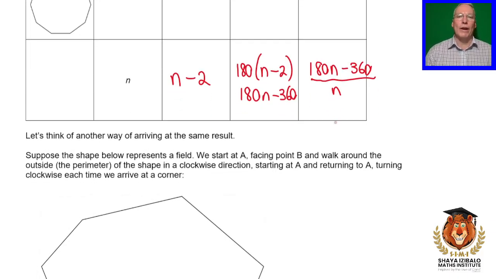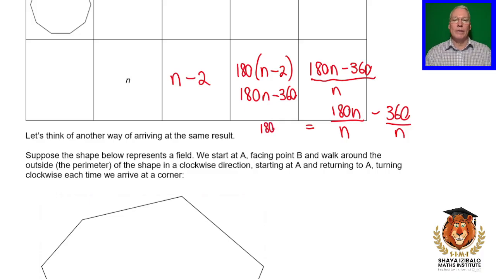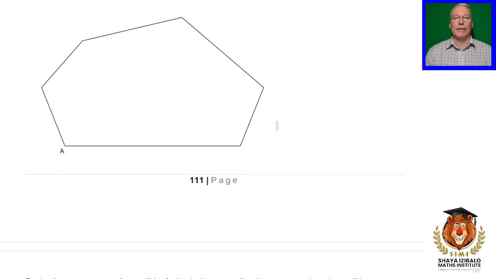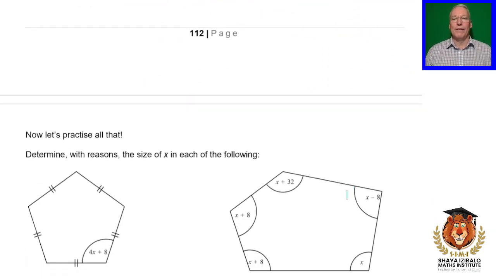And if we split this fraction into 180n minus 360, and we put both of them over n, then this actually simplifies to 180 minus 360 over n. And 180 minus 360 over n is a little formula which gives us the internal angle of a regular n-sided shape, and it's exactly what we got over here.